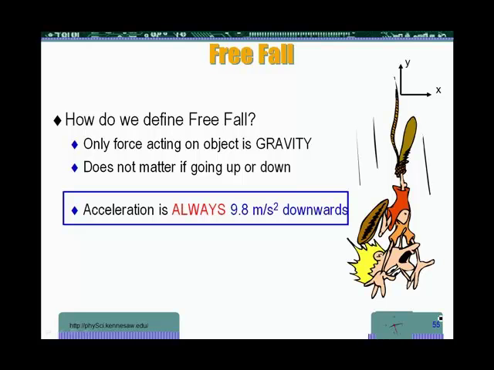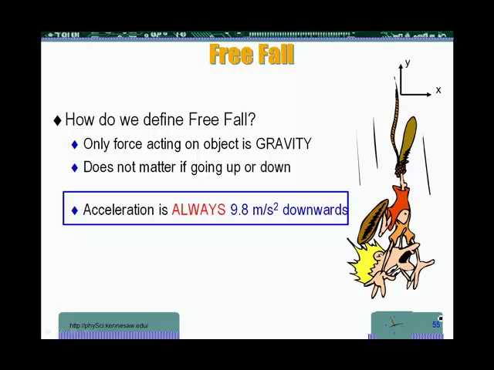So again, an object is in free fall when the only force acting on it is the gravitational force. It does not matter if it is going up or down. All that matters is that the only force acting on it is the gravitational force. And then its acceleration is 9.8 meters per second squared downwards.